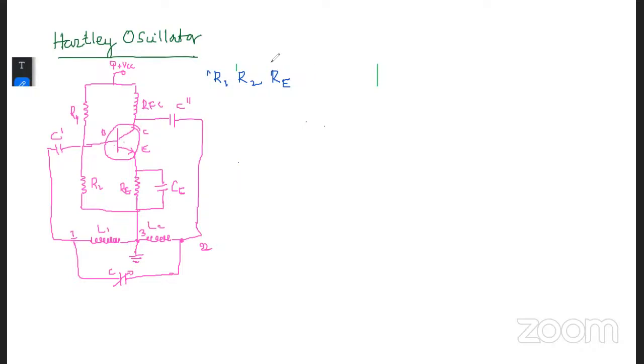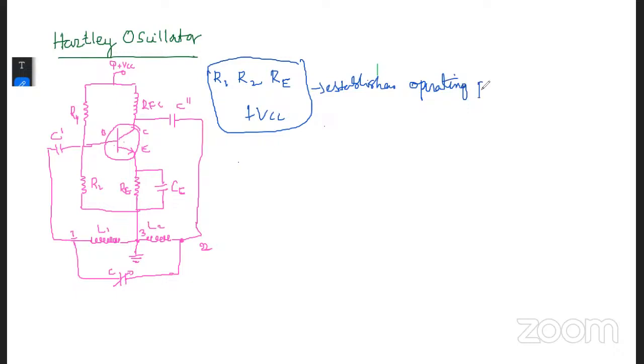These three resistors, R1, R2, RE, and the power supply plus VCC establish the DC operating point of the transistor.